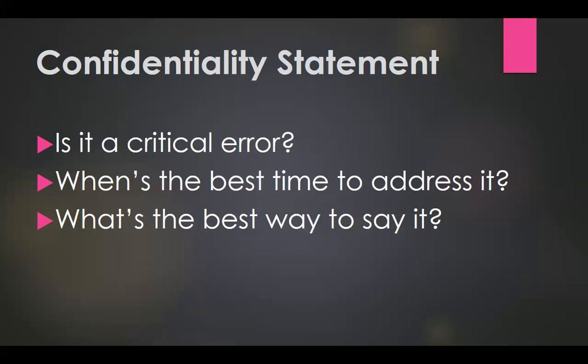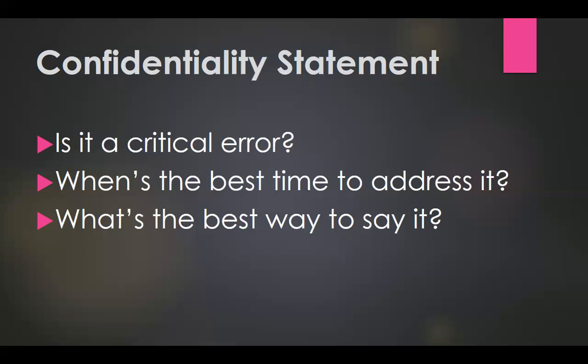So what's the best way to say the confidentiality statement? A good confidentiality statement should contain different parts. Number one, we have to mention that, of course, anything we discuss today will remain confidential, will stay between you and me, or whatever is the preferred way for us to say it.